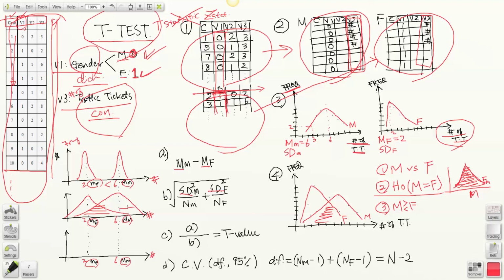It comes from this wider dispersion when compared to the same location here. This wider dispersion compared to this first scenario. And this substantial overlap now jeopardizes your decision making on null hypothesis.